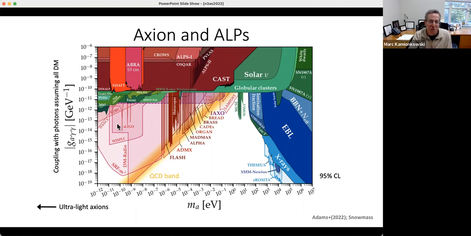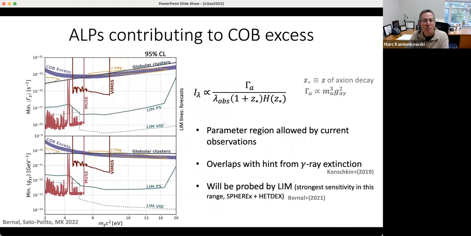And then there are constraints from all over the place. If we were to ascribe this cosmic optical background excess to axion-to-photon decay, it would fall somewhere in this range of the parameter space. And so we postulated, what if axion-like particles or axion decays are contributing to this cosmic background excess?